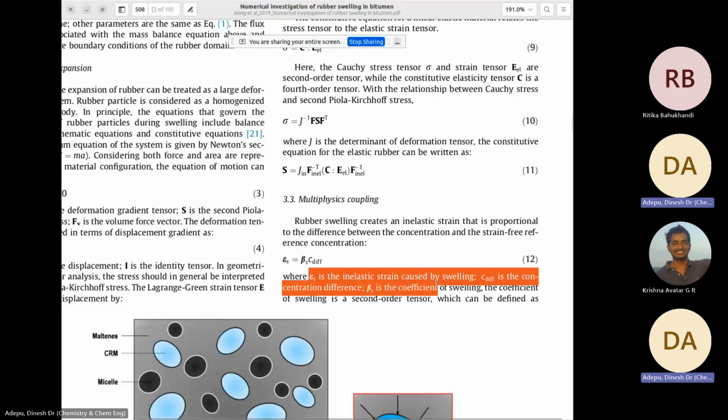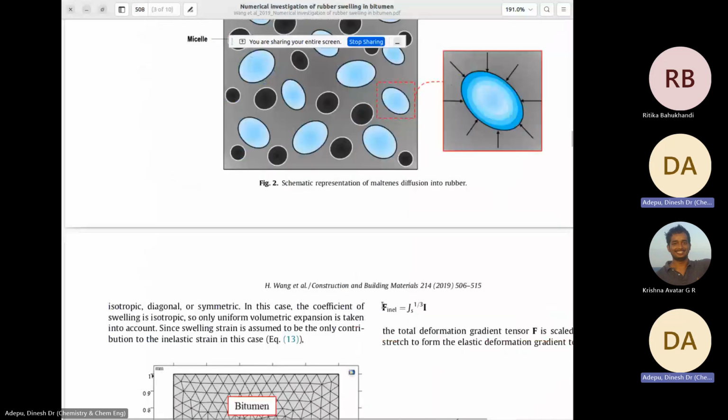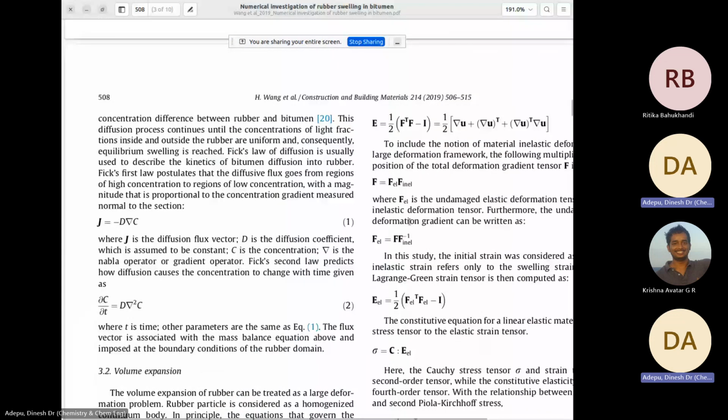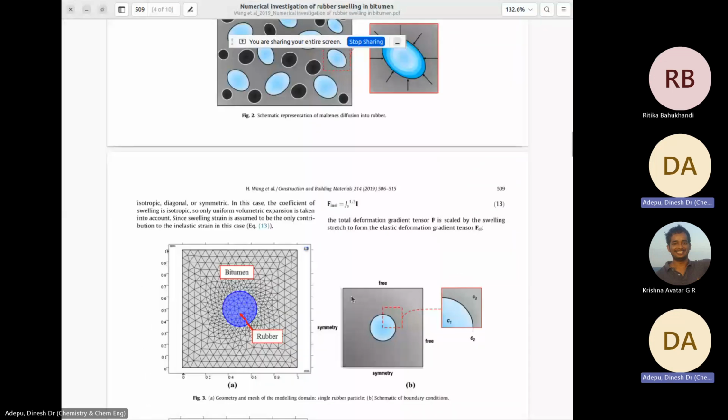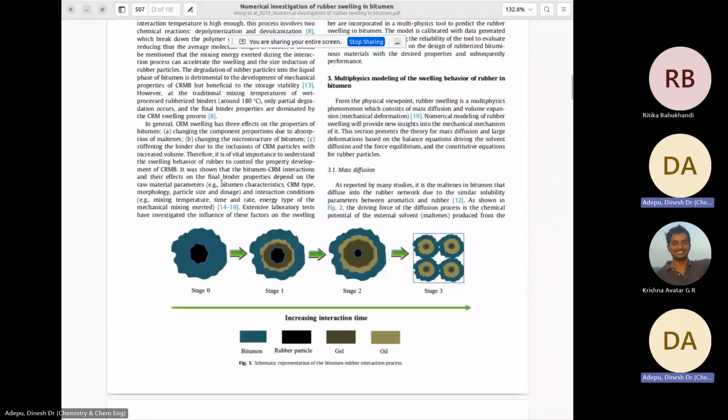From epsilon S you compute the deformation strain, the inelastic one. You put it here and continue with your existing formulation. You can literally model the swelling of something like rubber.